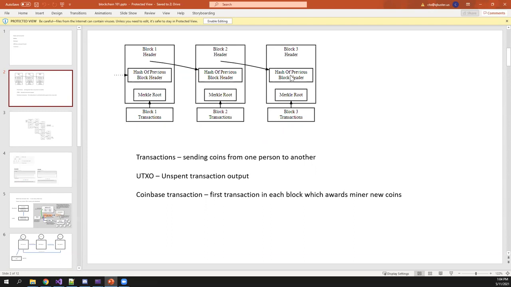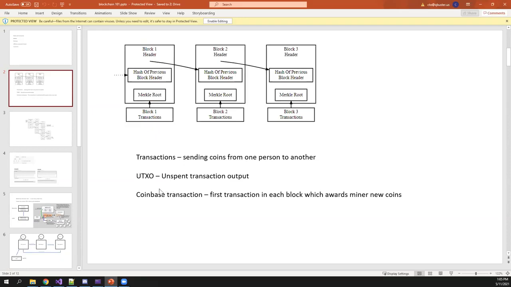So there are 3 terms that I've listed here. Transactions, which are when somebody wants to send coins from one person to another person. That's a transaction. It says, I have 10 coins, I want to send it to somebody else, I make a transaction. UTXO, which is an acronym.